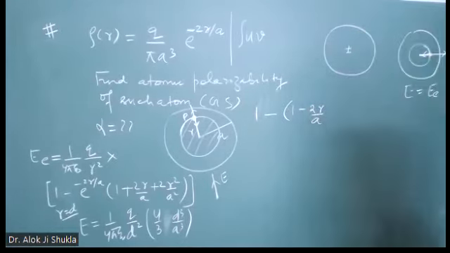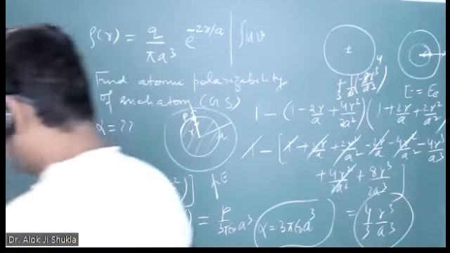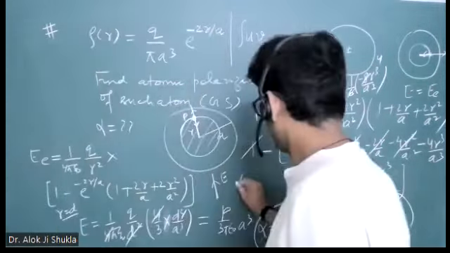In pi also I told, that we have to convert. B is 4/3 pi a cube. Initially it was alpha is equal to 4 pi epsilon naught a cube. This was the primitive model.